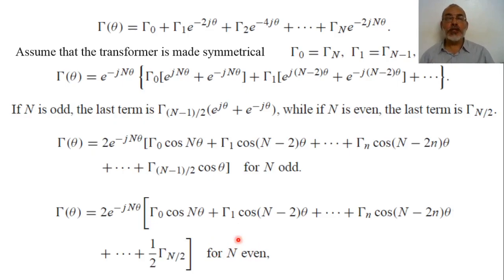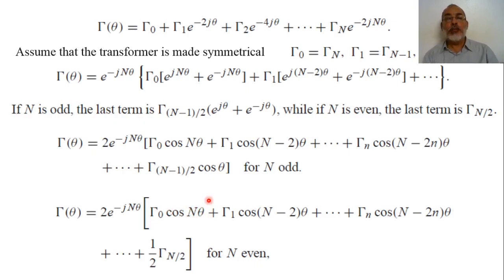If I'm talking about a series of cosine n theta, it means that I'm talking about some sort of Fourier series representation. This means that the reflection coefficient as a function of theta is represented here as a Fourier series of the angle theta.